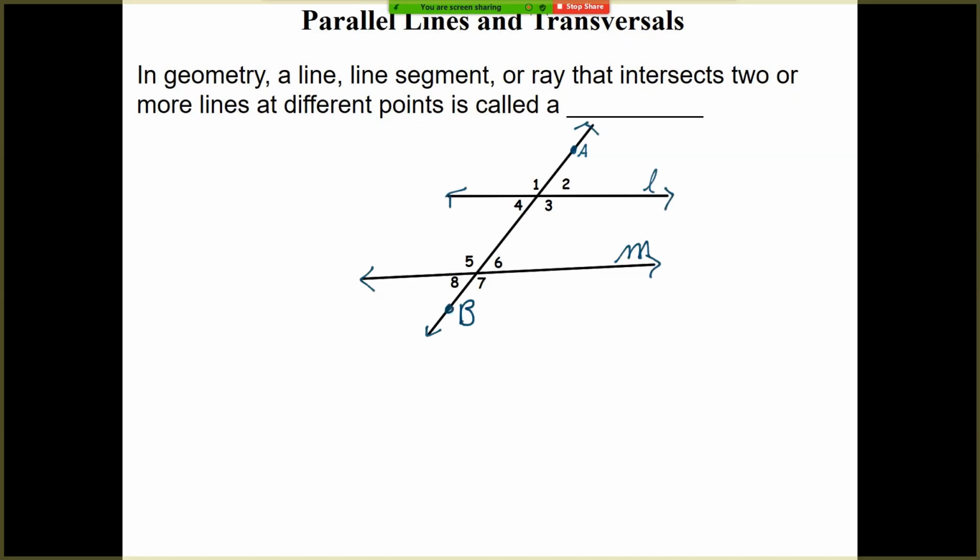So in geometry, a line, segment, or ray that intersects two or more lines at different points is called a transversal.